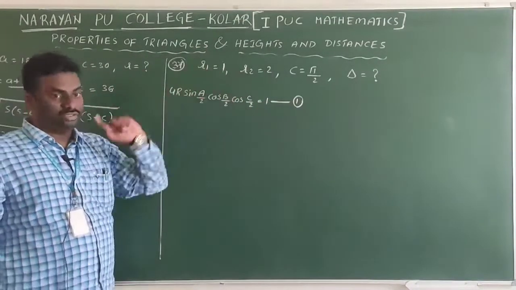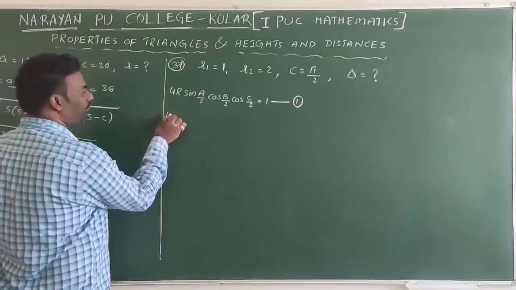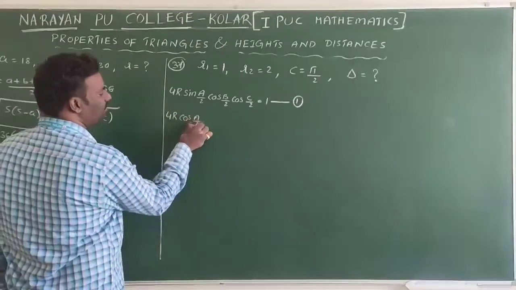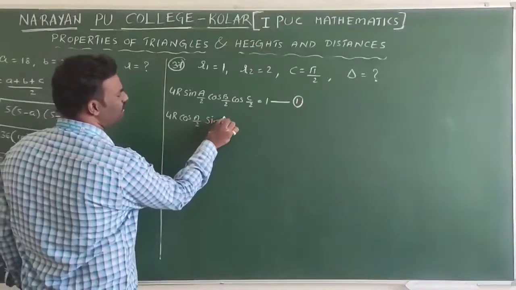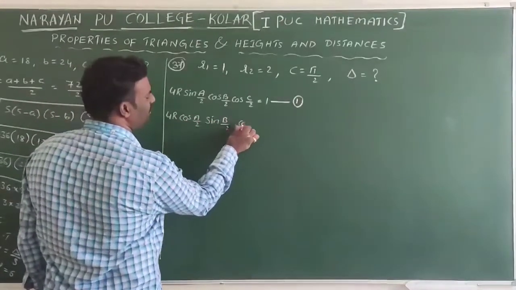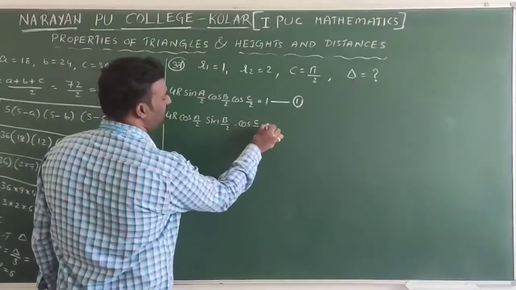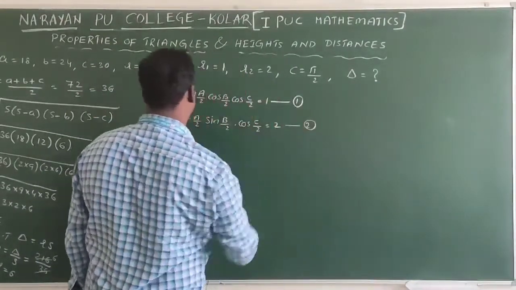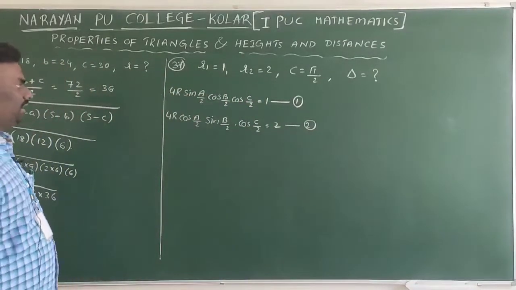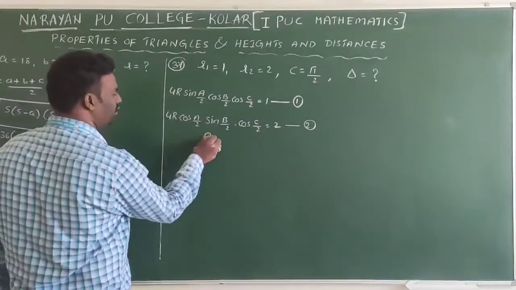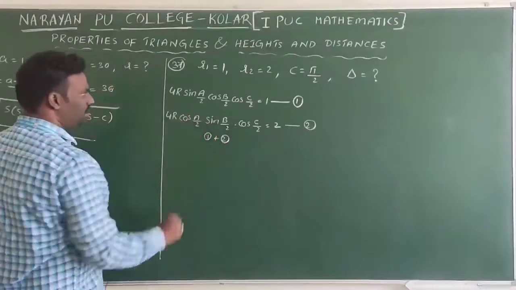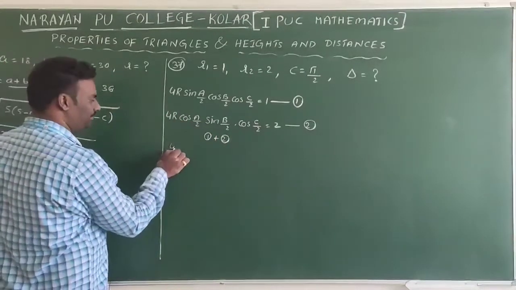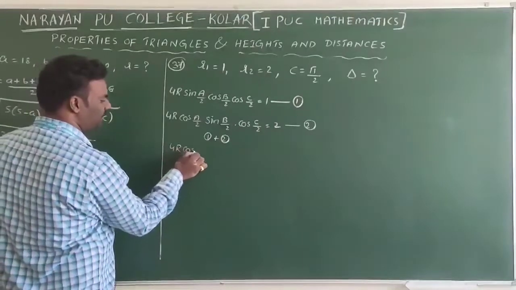And the R2 formula is 4R cos A by 2 sin B by 2 cos C by 2, that is equal to 2. If you add 1 and 2, on the left side 4R and cos C by 2 are common. After that I will find the C value.